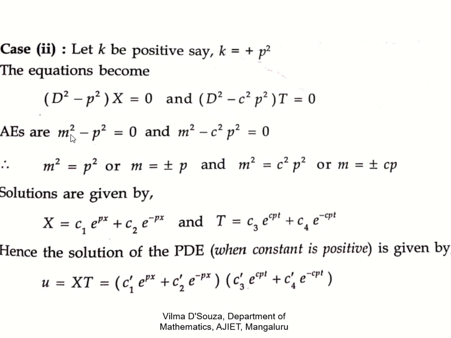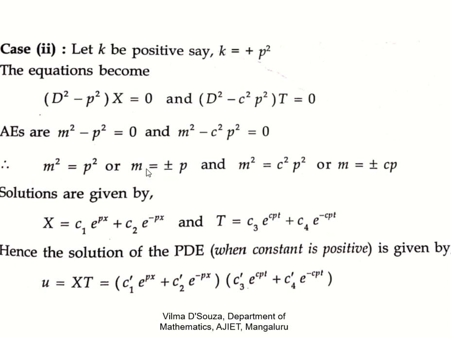So what are the auxiliary equations? m² minus p² is equal to 0, and here m² minus c²p² is equal to 0. So m² is equal to p², or m is equal to plus or minus p. Similarly here m is equal to plus or minus cp.